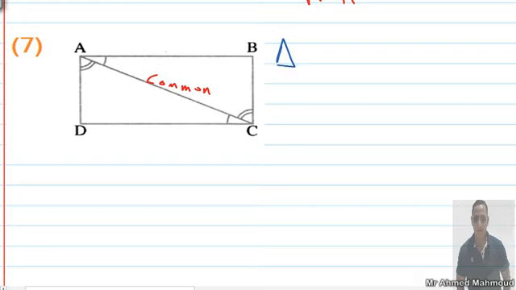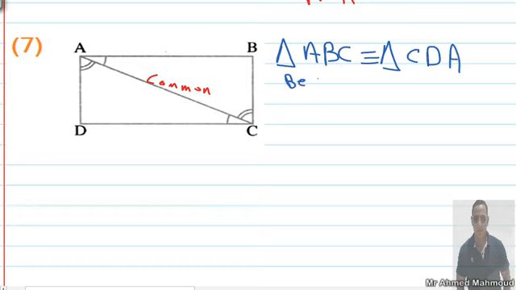Then triangle ABC is congruent to triangle CDA because number one, angle BAC congruent to angle DCA.